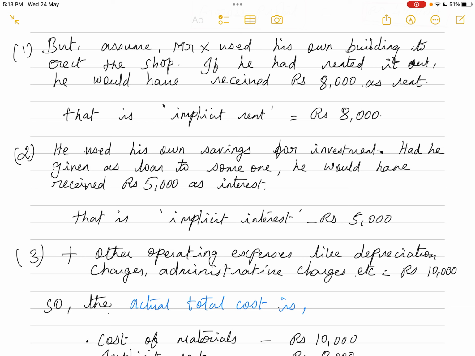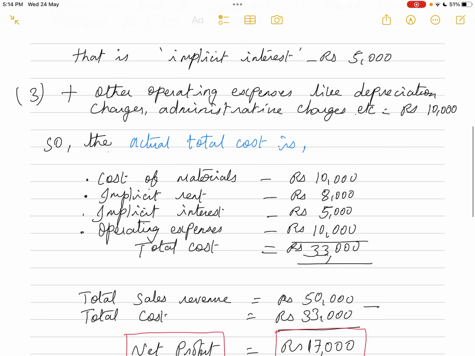So this 8,000 rent, this 5,000 interest, and the 10,000 operating expenses are not entered in the books of accounts. So they are not reflecting in the total cost of production. But if you enter all these things in the books of accounts, then the total actual cost would be: the cost of materials is 10,000, and you can include the cost of labor also, whatever it is.